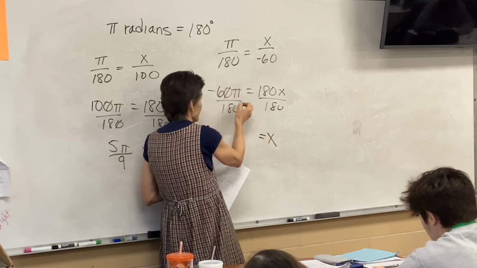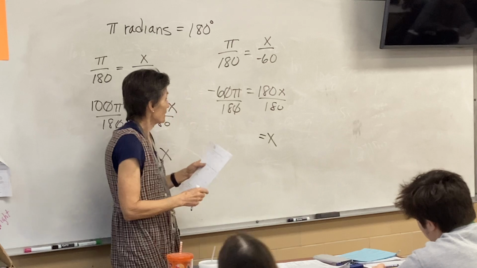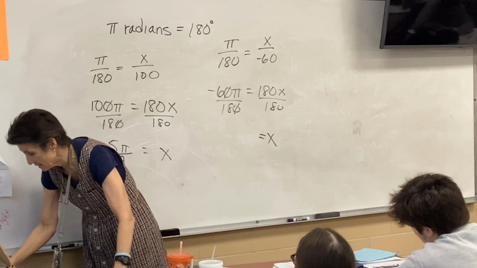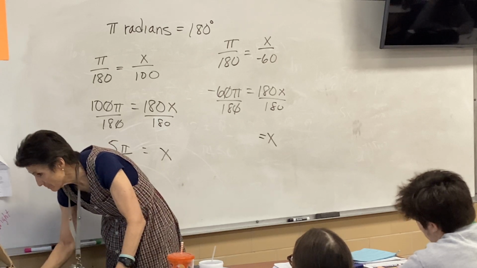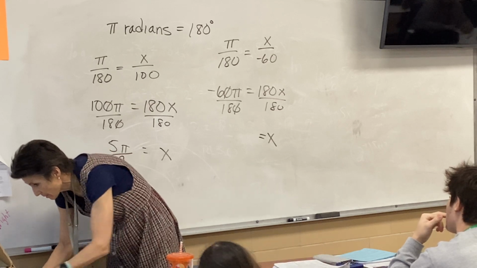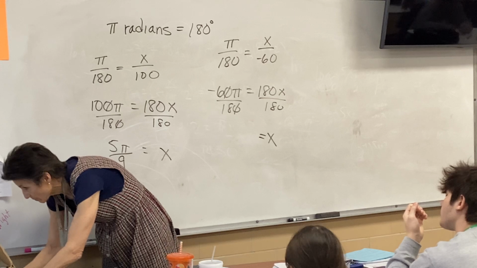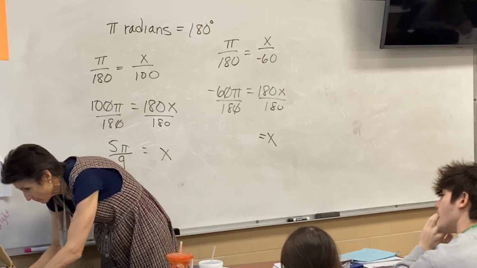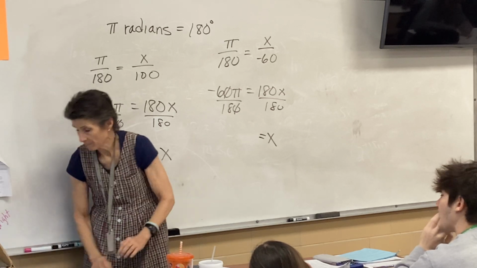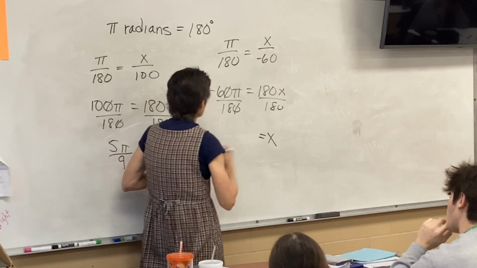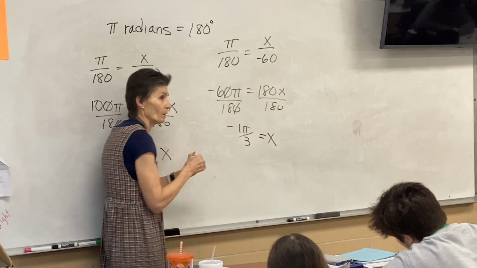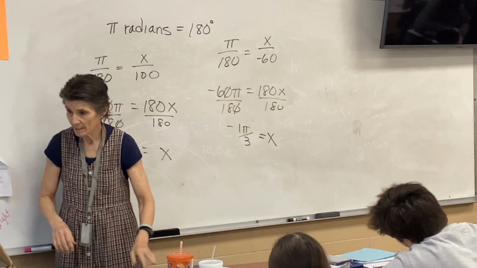Again, the zeros are going to cancel, but what do we have? What's 6 over 18? 1/3. So my answer is negative 1 pi over 3. You don't need the 1, but if you want the 1 in there, you can.